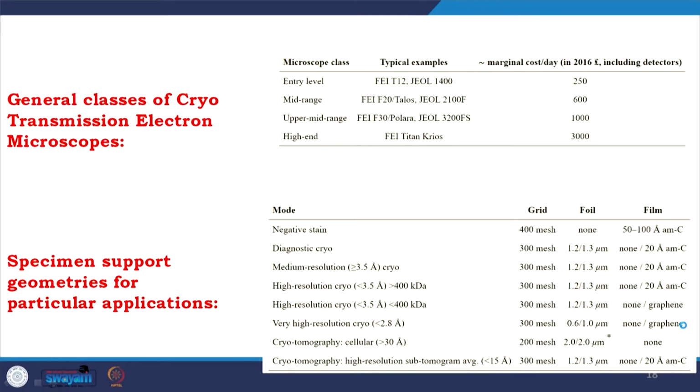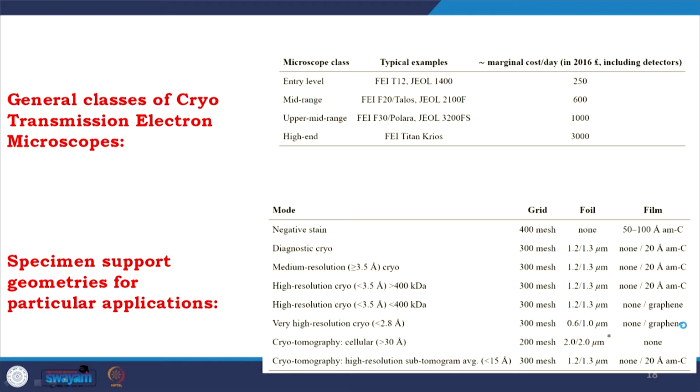Specimen support geometries for particular applications. For negative stain, you need a 400 mesh grid, you do not need the foil, and the film is 50 to 100 angstrom, and there are different modes as we have discussed in the figure before.